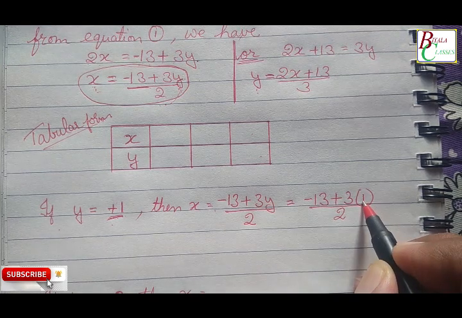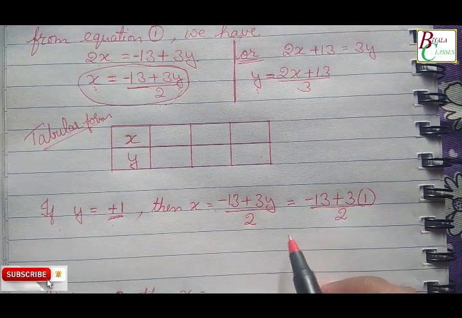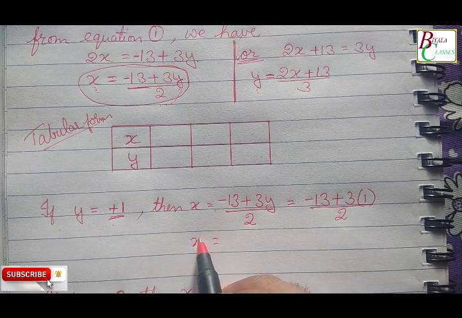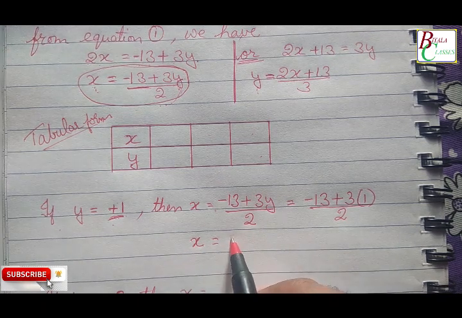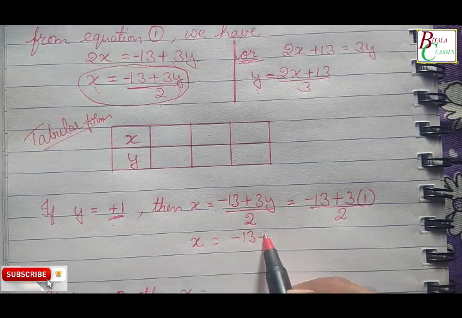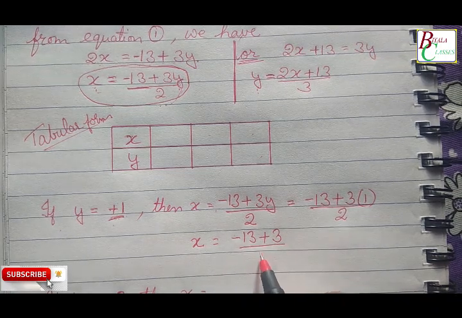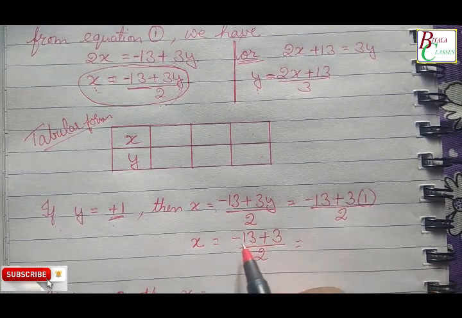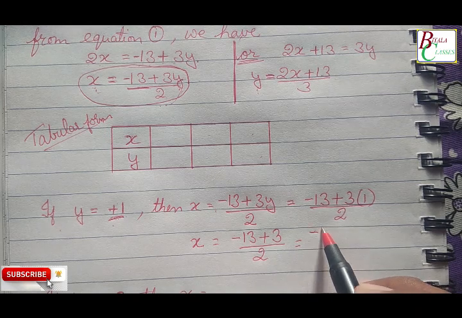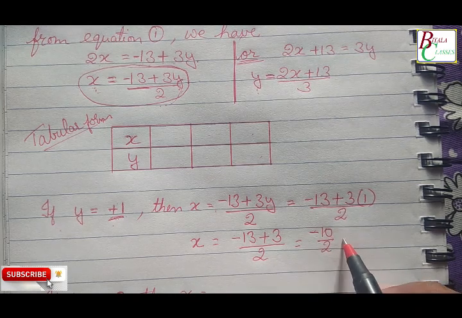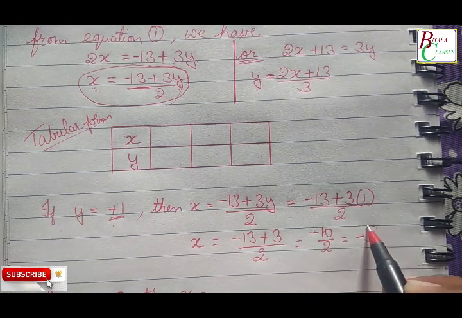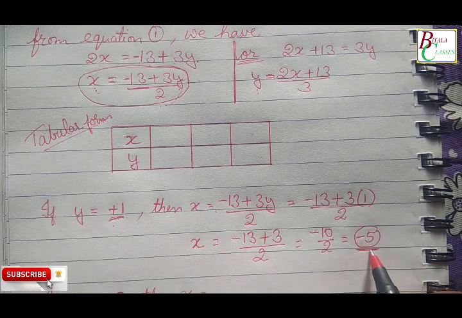We have taken 1 in place of y. Now if you solve this, what is the value of x you get? It is (minus 13 plus 3) upon 2, and minus 13 plus 3 is minus 10 upon 2. So we get the value of x as minus 5.